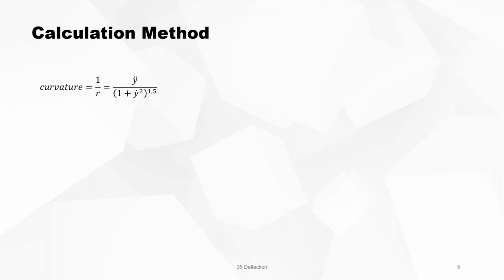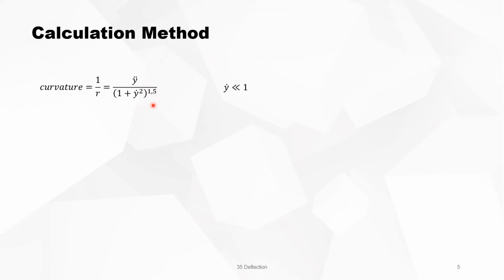The curvature of a line, y as a function of x, is defined as 1 over the radius, or it can be written as the second derivative of y divided by 1 plus the first derivative squared, to the power 1.5.